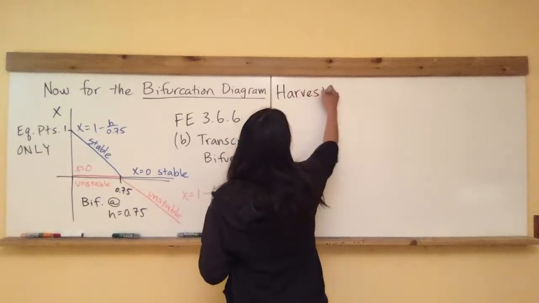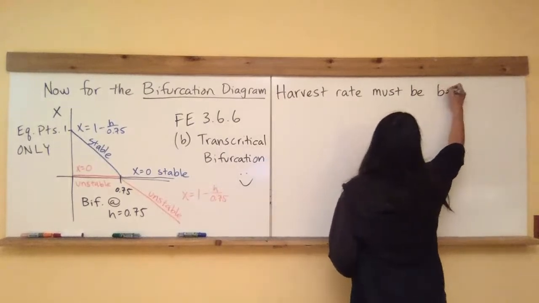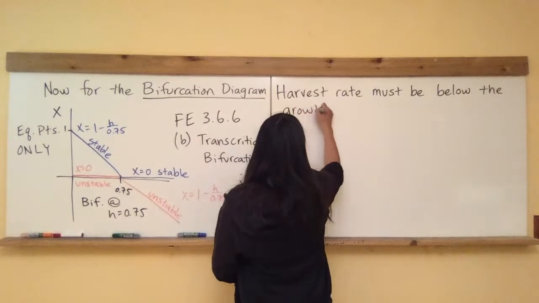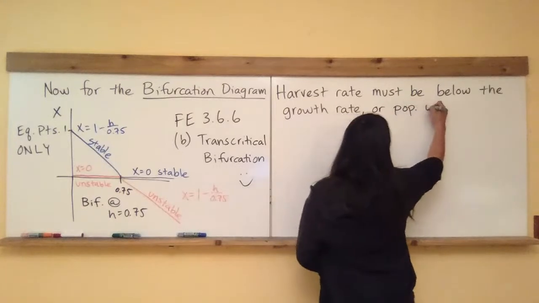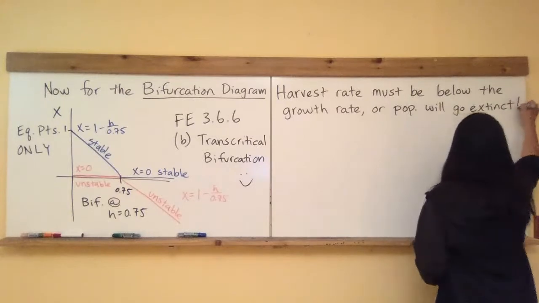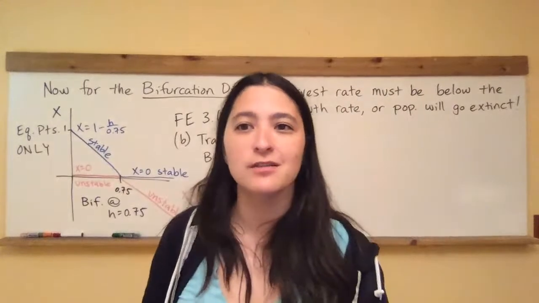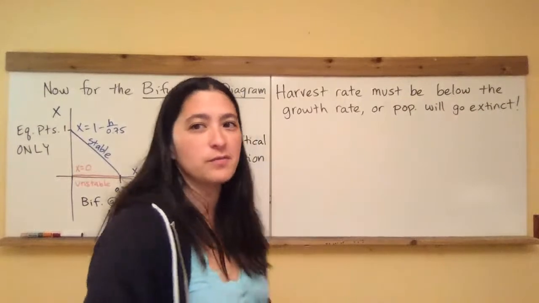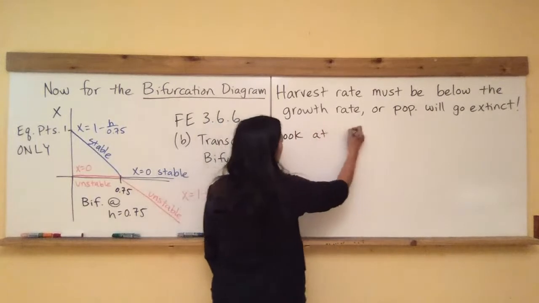So harvest rate must be below growth rate or the population will go extinct. Okay, that's our takeaway message from this problem. Let's check out the over-under method. I think it would be a fun way to illustrate it right here on this problem that we're already talking about. So now let's look at the over-under method.